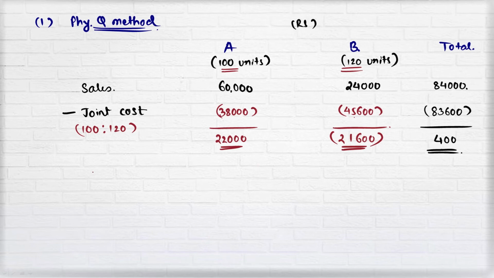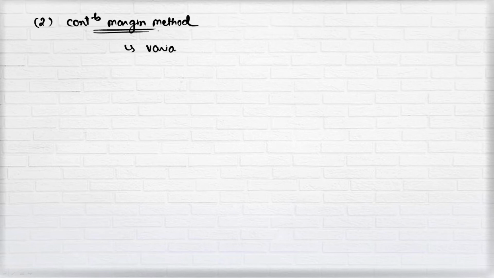Let us go to second method, which is new method, contribution margin method. Number 2, contribution margin. And it is extremely simple method. Try to understand. In contribution margin method, variable cost will be distributed in ratio of quantity.